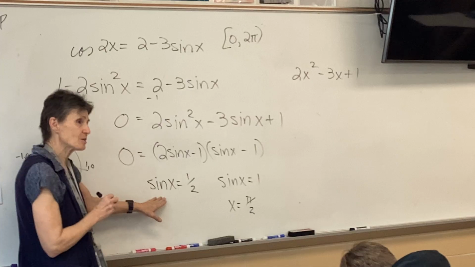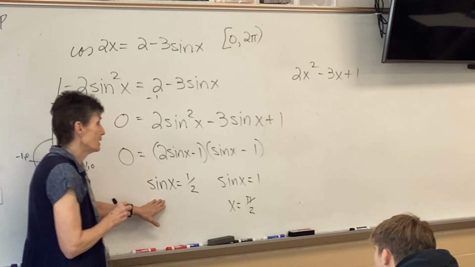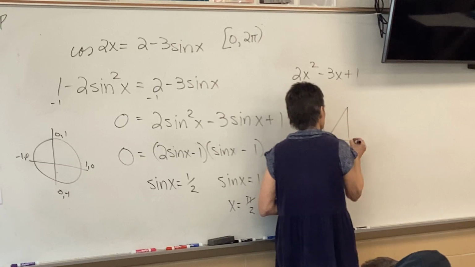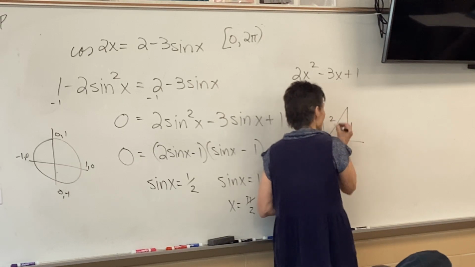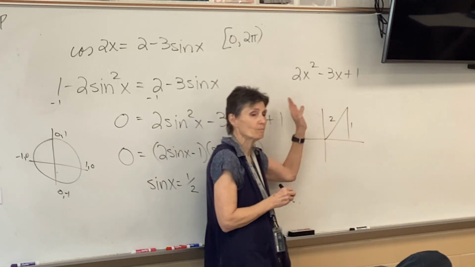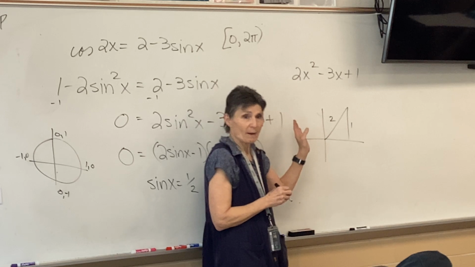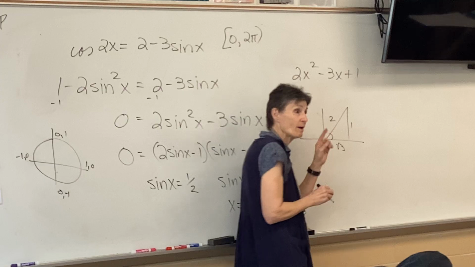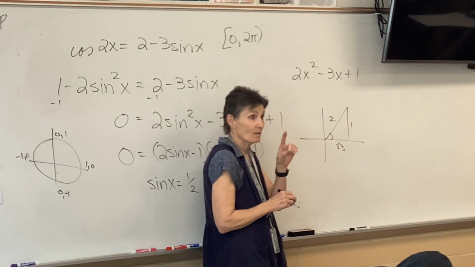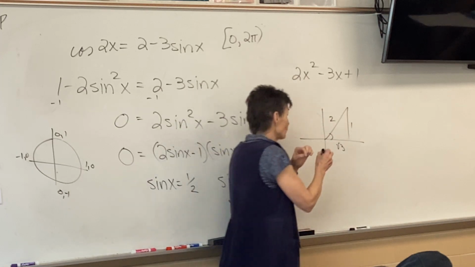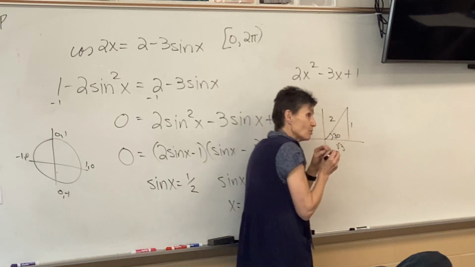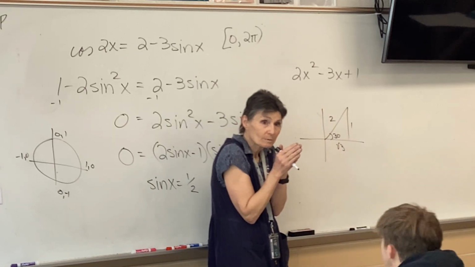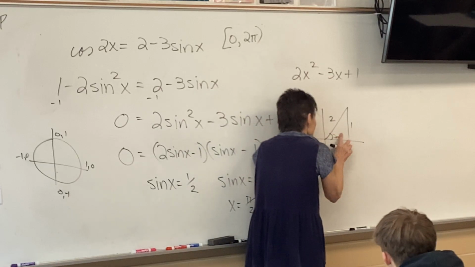this one's not so easy. I gotta stop and think. There's an angle that has a sine of 1/2, so opposite over hypotenuse is 1/2, and this would be √3, and that angle right there I recognize is a 30, but in radians, 30 is a 1/6 of 180, so this is pi over 6.